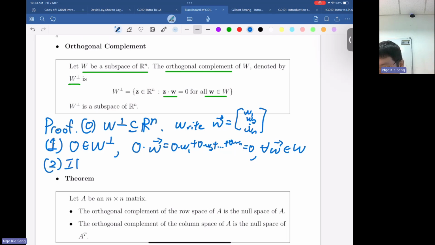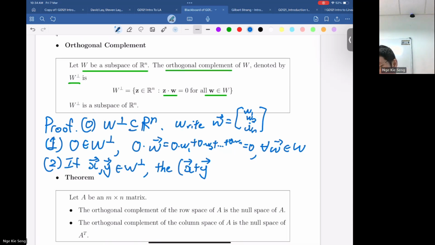Let's say X and Y are both in W perp. The question is, what happens to X plus Y? X plus Y dot W: we said that it distributes, right?